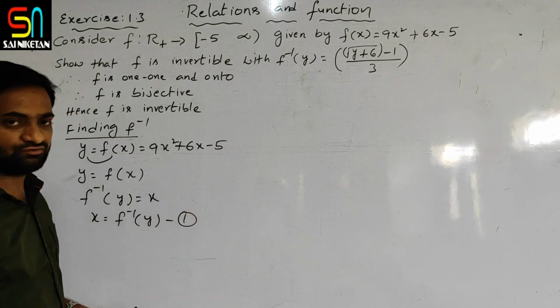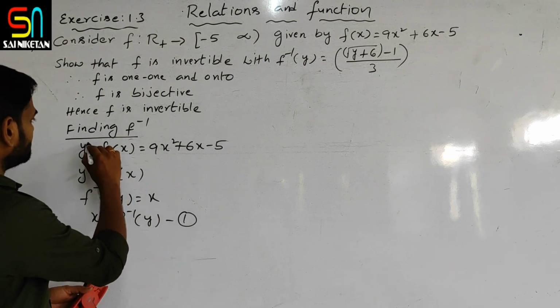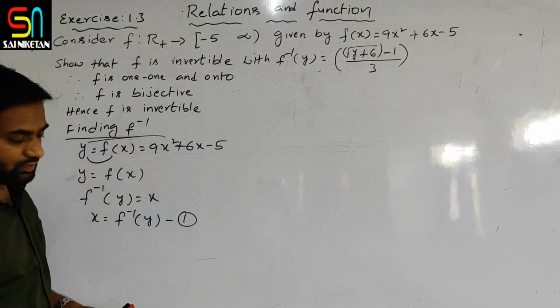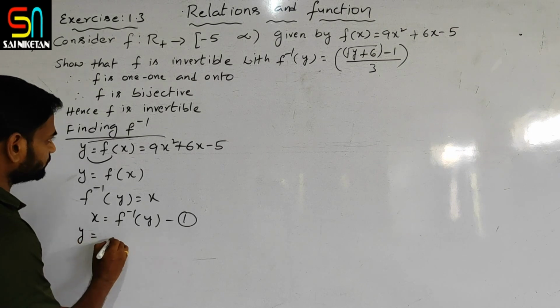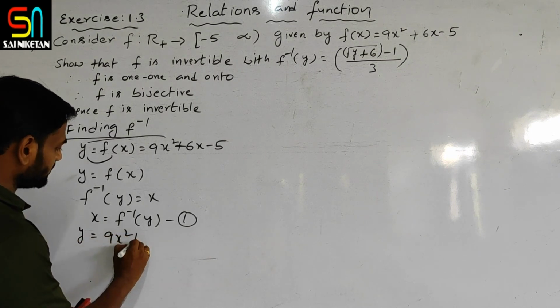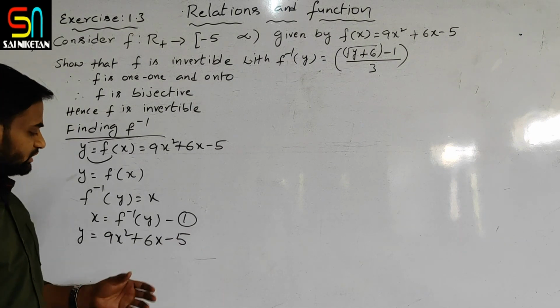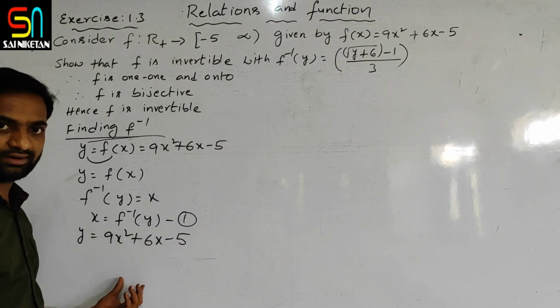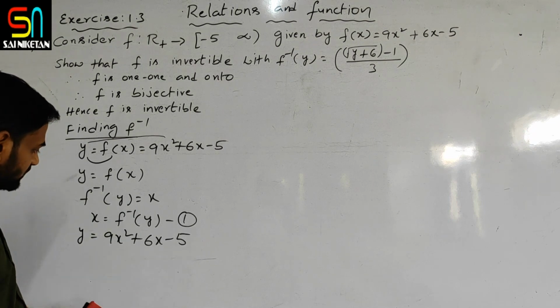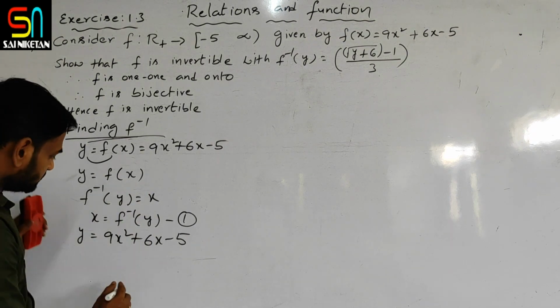So it is equation 1. Now take these two values. That is y equal to 9x square plus 6x minus 5. Now we have to convert this into a perfect square. How to convert this? I already gave it previously.